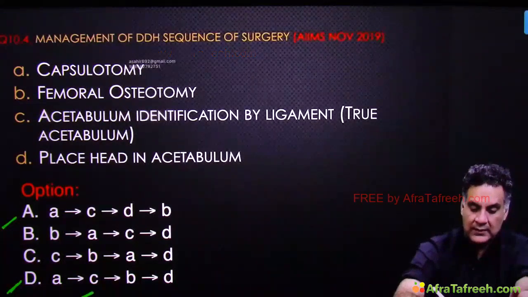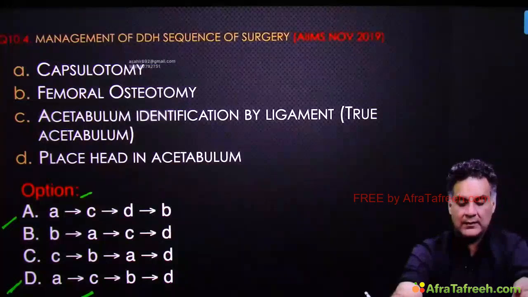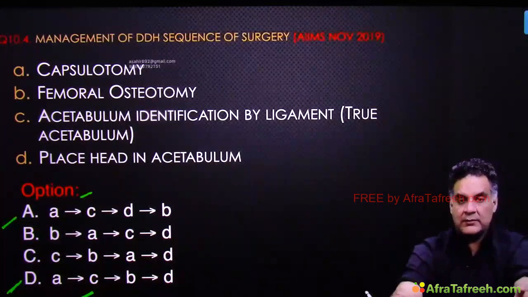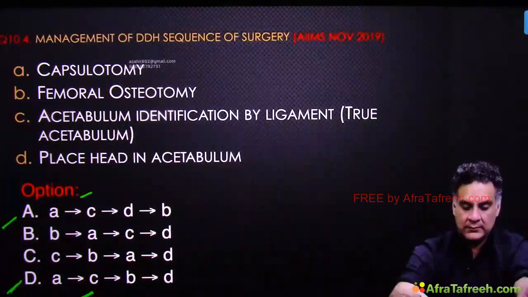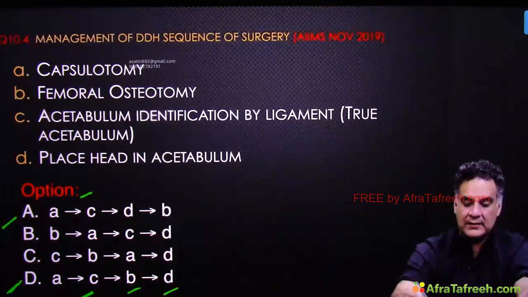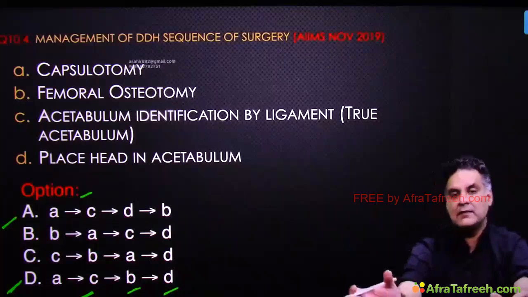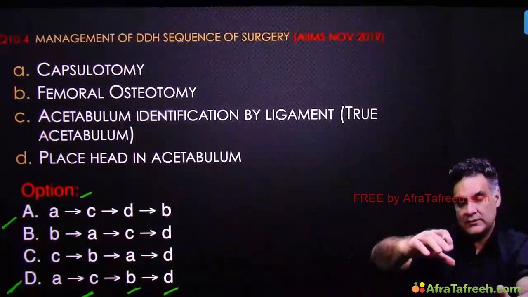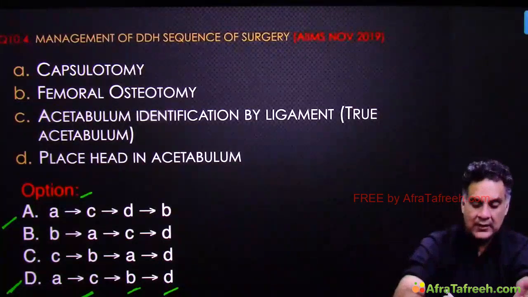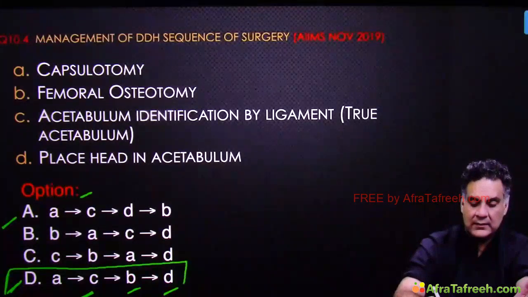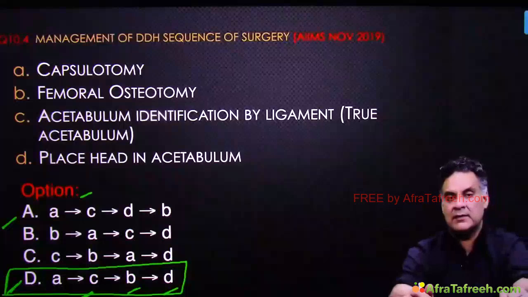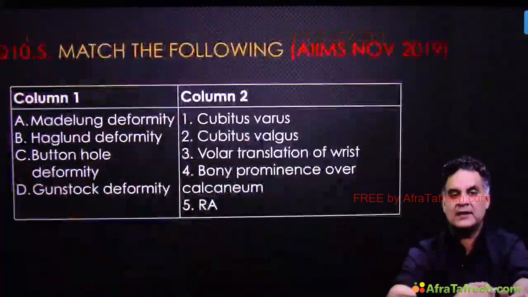So in both, the second point is same. Third, femoral osteotomy, so B. And last is the head in acetabulum, because once you cut the osteotomy of the femur, then only you can put it right. So the answer here is capsulotomy, identify the acetabulum, cut the femur, get the head inside.